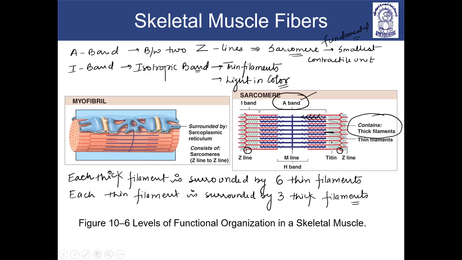So I hope you get this, the thick filaments and the thin filaments. Is that understood?